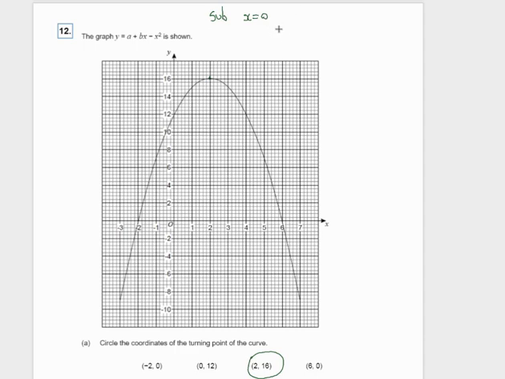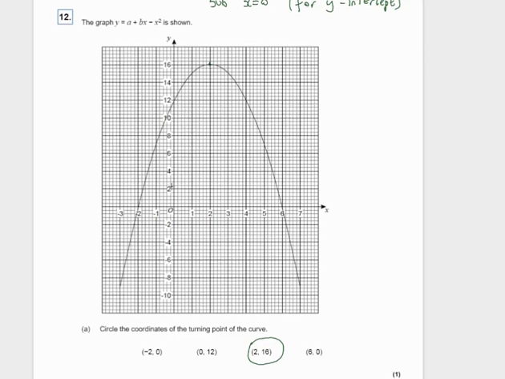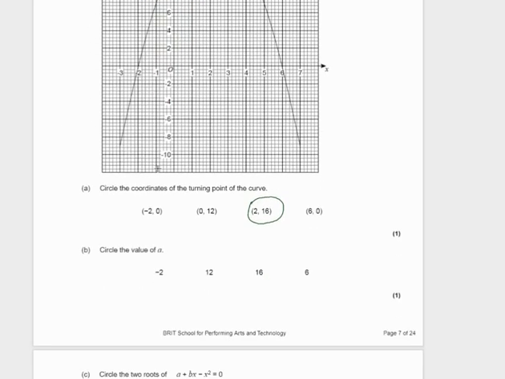Okay, so you'd end up getting y equals a plus b times 0 minus 0 times 0, or just y equals a. So this is essentially for the y-intercept. And that y-intercept is going to be at 12. Happy days. Okay, so we can circle that as 12.